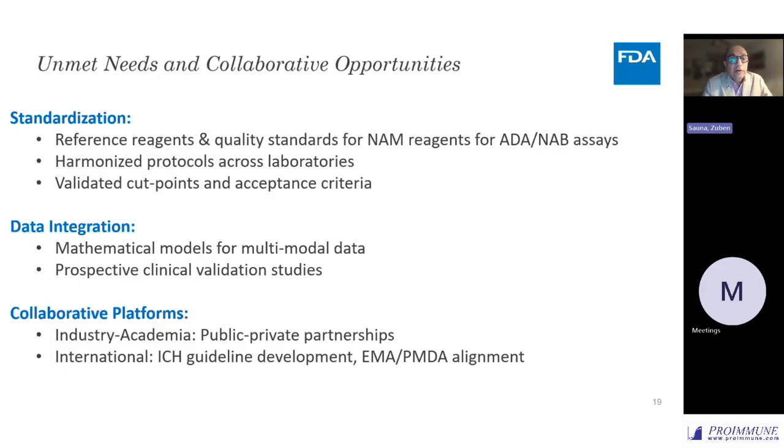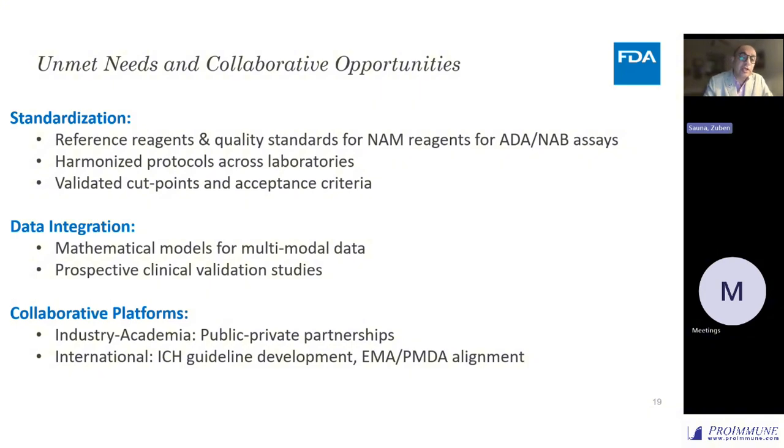So as I approach the end of the talk, I'd like to spend some time on unmet needs and collaborative opportunities. The first of them is, of course, the need for standardization, a dying need for reference reagents and quality standards for NAM reagents, for ADA and NAB assays, harmonized protocols across laboratories, validated cut points and acceptance criteria, because we make decisions about is this drug immunogenic?